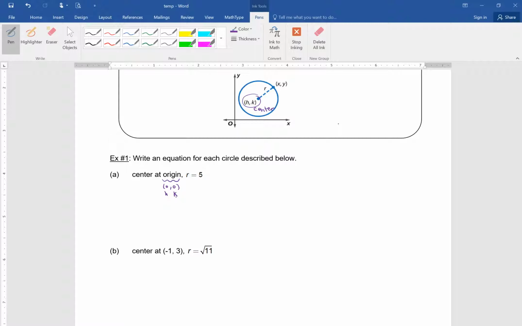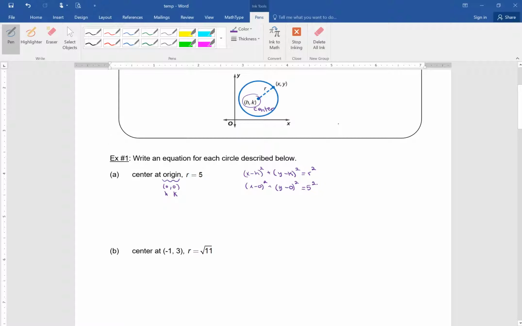So let's write down the standard form of the equation of a circle. It's (x minus h) squared plus (y minus k) squared is equal to r squared. You might be wondering if you have to memorize that formula. You absolutely do. Okay? Now, if h is 0, that means what we have here is (x minus 0) squared plus (y minus k, k is also 0) squared is equal to 5 squared.